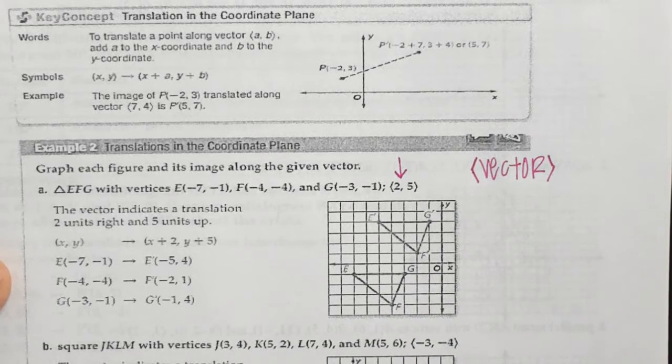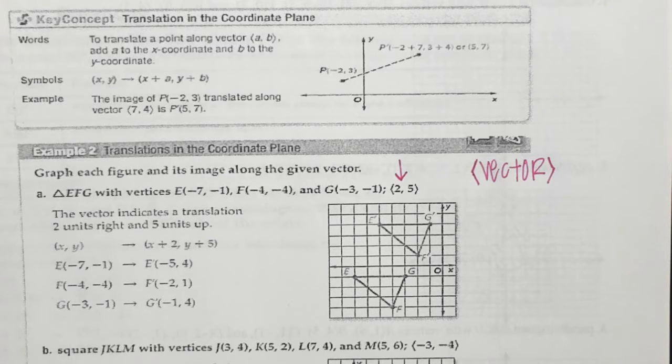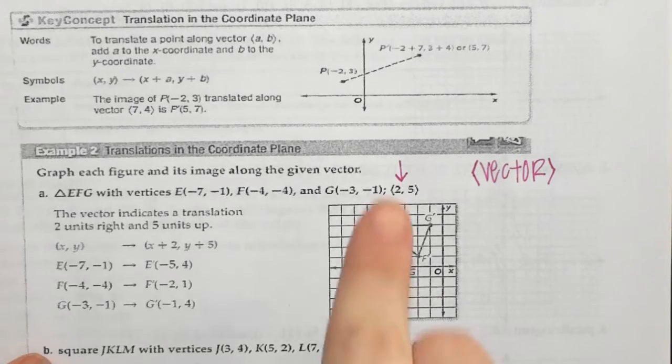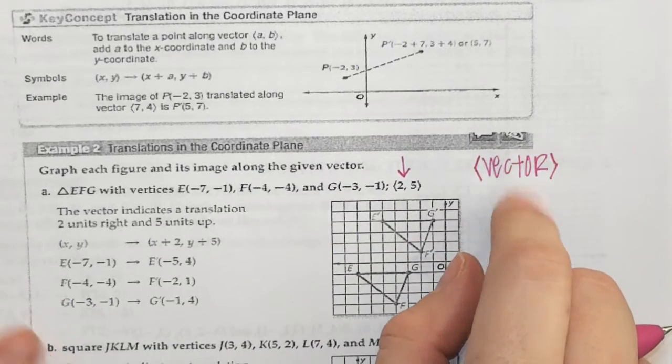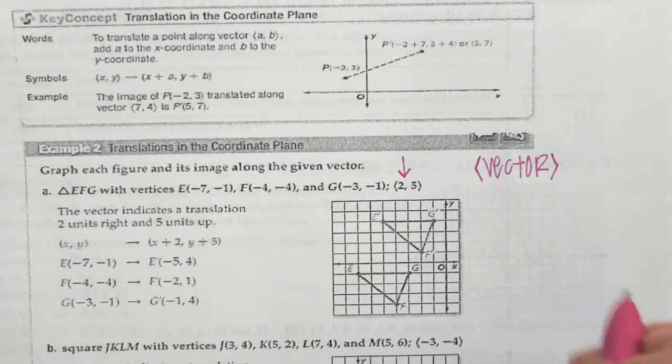That's how you know it's a vector. It's almost like less than and greater than signs, but it's simplifying what your movement is going to be. You're going to use vectors a lot in your higher math classes, but this is the only time you'll see them in geometry.